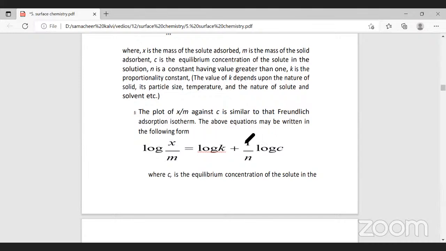The above equation may be written in the following form. Taking log on both sides of x/m = k C^(1/n), we can write log x/m = log k + (1/n) log C, where C is the equilibrium concentration.